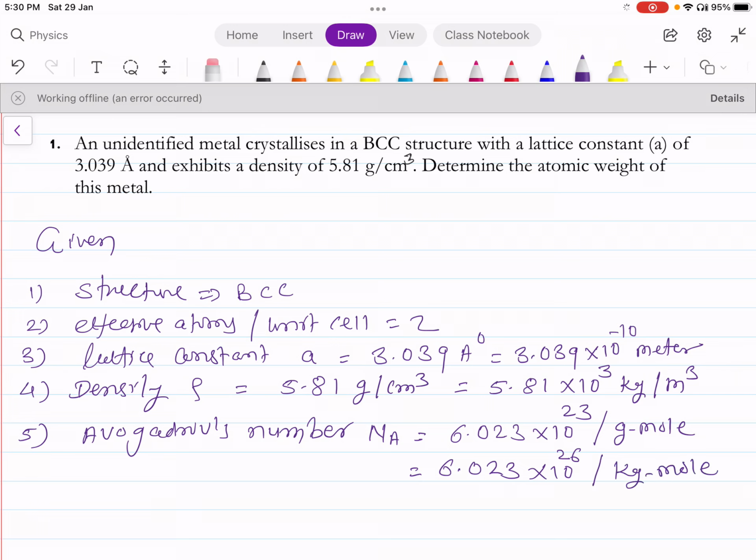So in MKS system, we will consider kg mole. And what we have to find is the atomic weight.